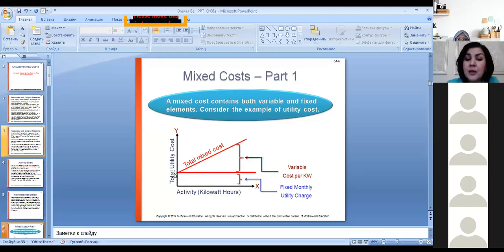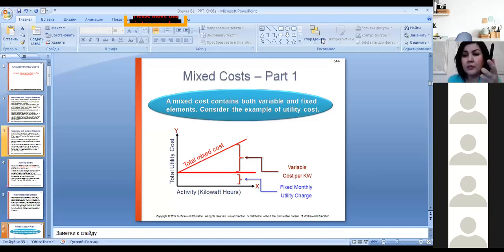As you remember, for example for electricity, costs may be mixed costs. There always exists a fixed monthly utility charge and always exists a variable cost per kilowatt. Do you remember during the last session I gave you an example with a mobile phone?